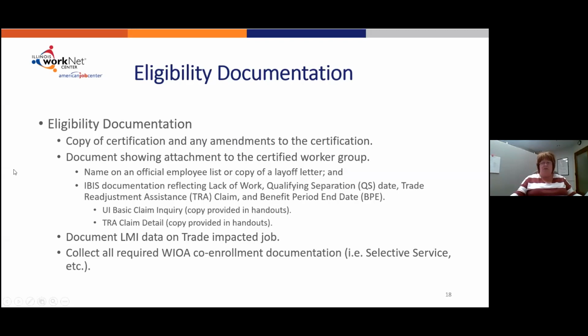Any amendments to the certification, the documents showing the attachment to the certified worker group, which can be a name on an official employee list or a copy of a layoff letter, and you must have this IBIS documentation that reflects this information. The two that we see most often that provide the information we need are the UI basic claim inquiry and a TRA claim detail. And we will provide copies of those when we go through the eligibility chapter.